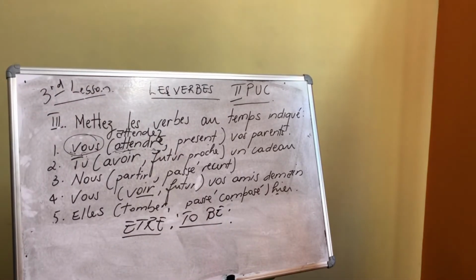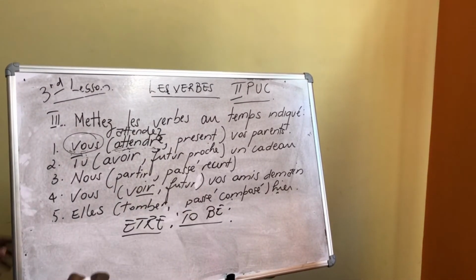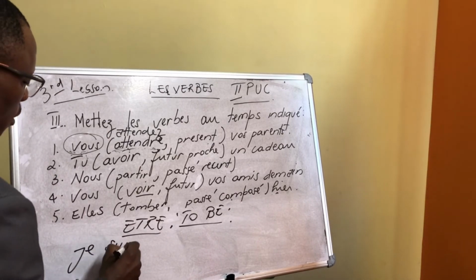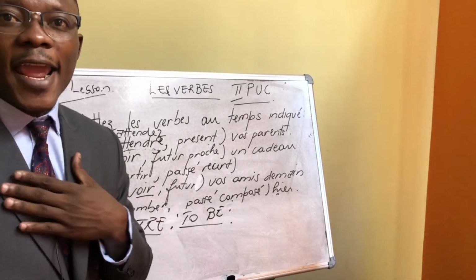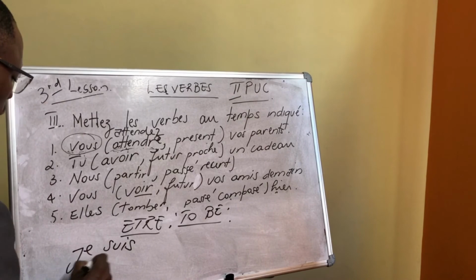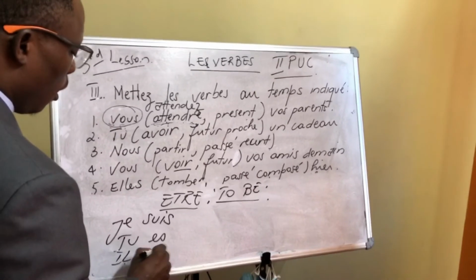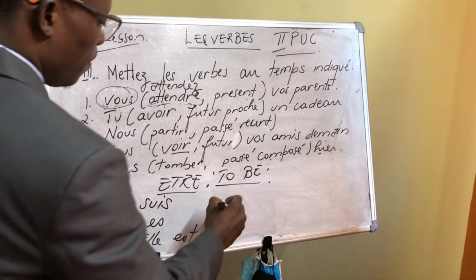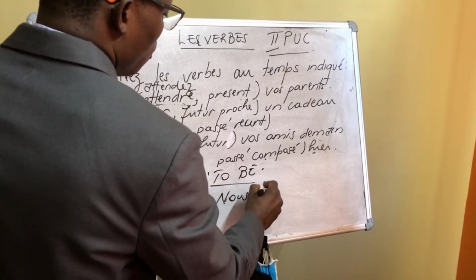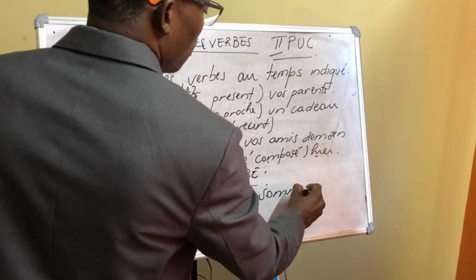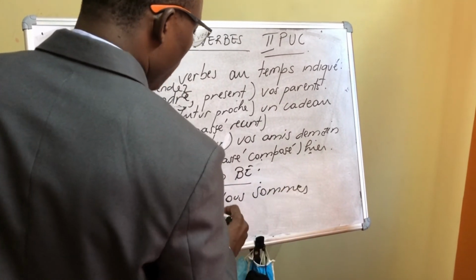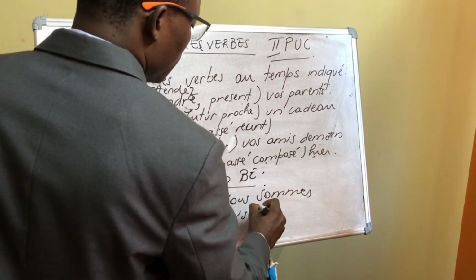Now, the present tense of être will be je suis, which means I am. Tu es. Il or elle est. Nous sommes. Then, vous êtes.